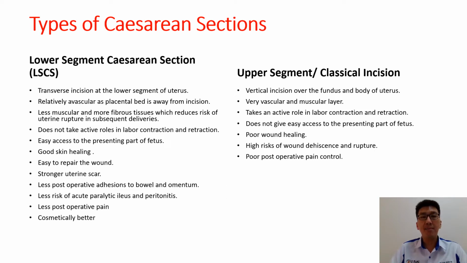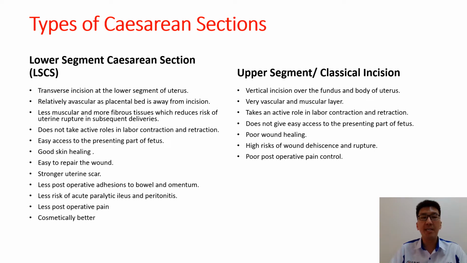The lower segment Caesarean section is the transverse incision at the lower segment of the uterus, as it is relatively avascular, as the placental bed is away from the incision site.